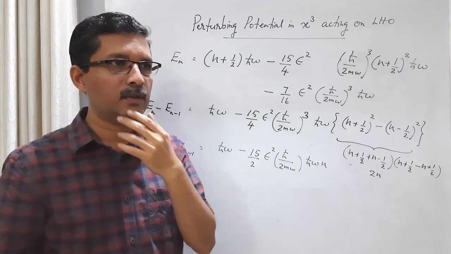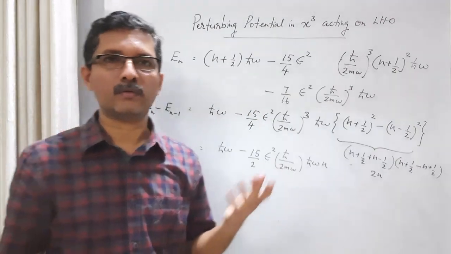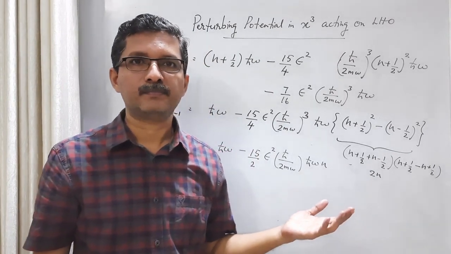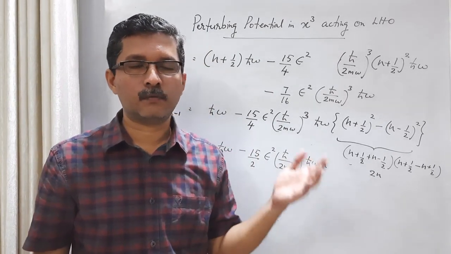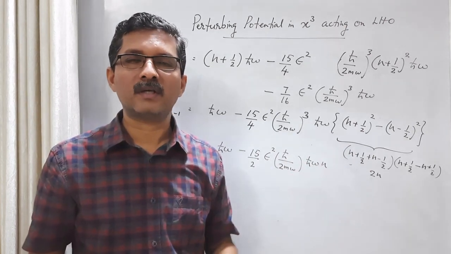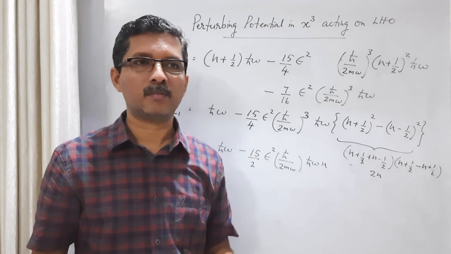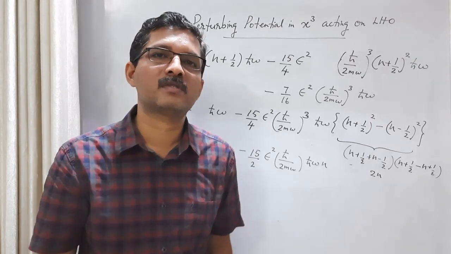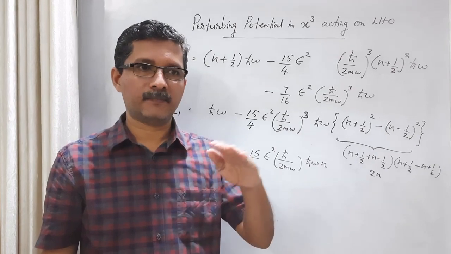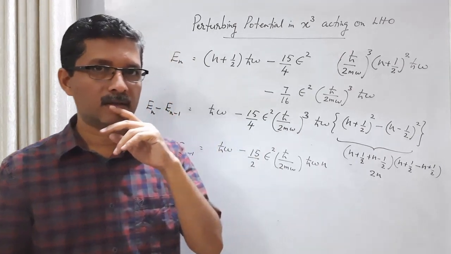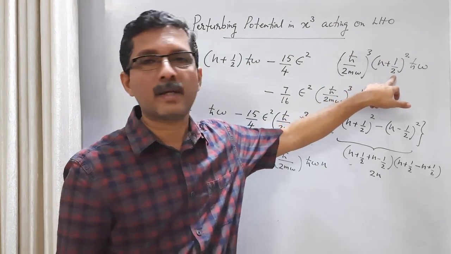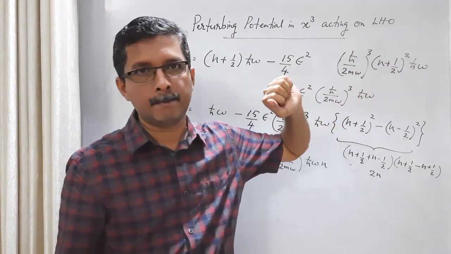When you study spectroscopy, you will definitely study vibrational spectroscopy. For a vibrating diatomic molecule, the model is a harmonic oscillator. But when anharmonicity terms are added to it, you will see that the effect of the anharmonicity term is a term proportional to n plus half whole square h cross omega.